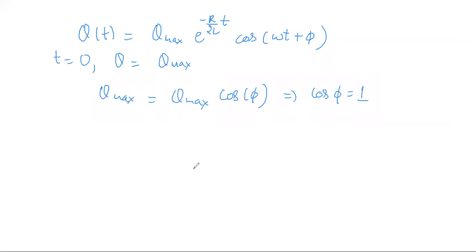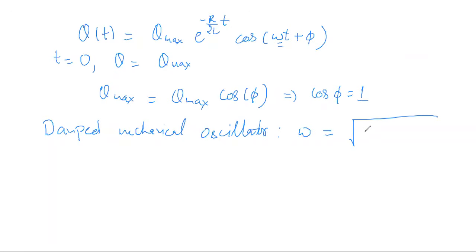Okay. Now talking about this omega here, this frequency. We said this is not the frequency of your LC circuit. Remember in the case of the damped mechanical oscillator, we said that your omega is equal to the square root of omega naught square minus b upon 2m whole square.